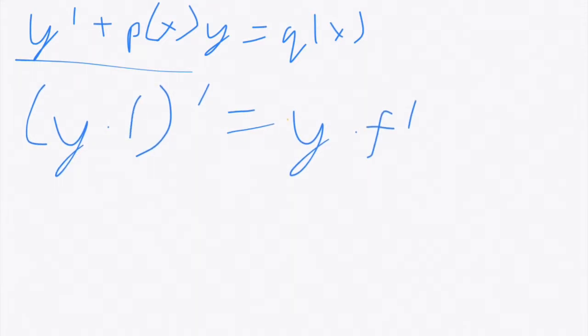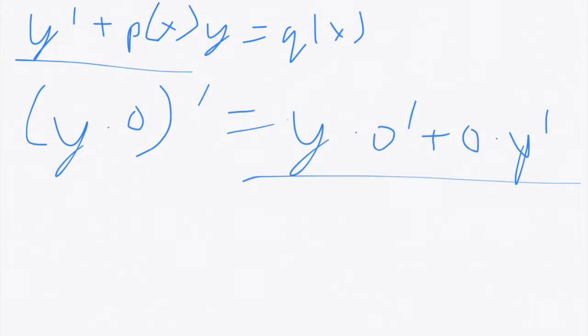We'll call that function f for now, oh actually we already used f, we'll change the variable to something we haven't used, we'll call that o. So y o prime plus o times y prime, right?